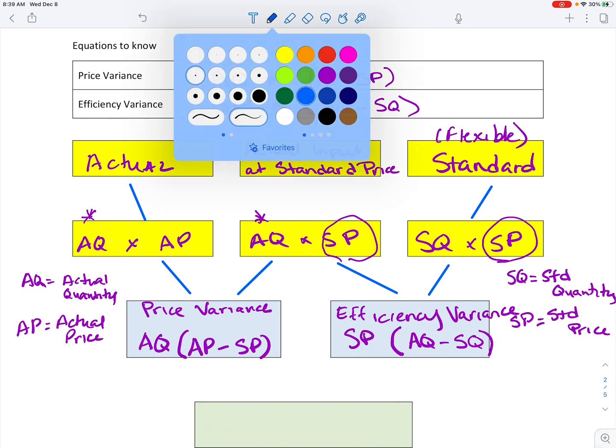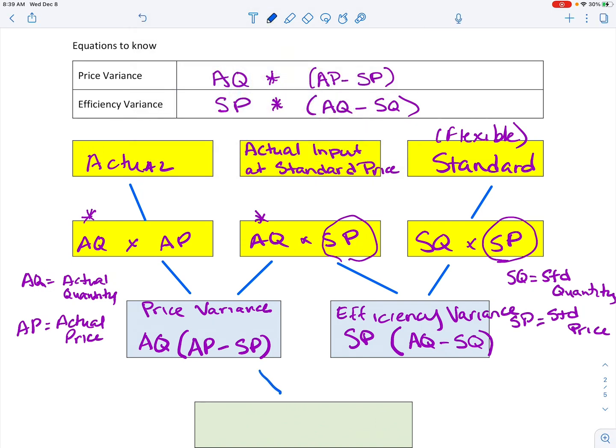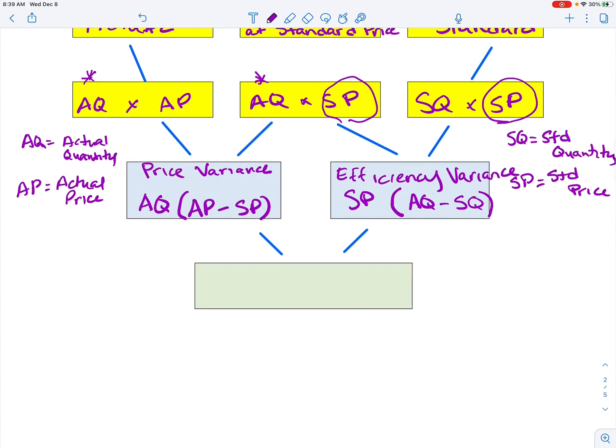And once again, if I combine my price variance and my efficiency variance, that's going to equal my total variance.